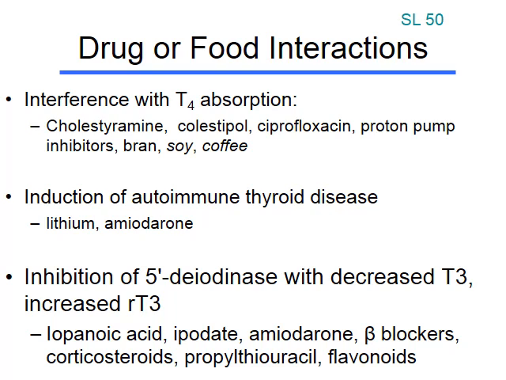Drugs capable of serving as 5' deiodinase blockers include ipodate, amiodarone, non-selective beta blockers such as propranolol, and certain corticosteroids. Propylthiouracil has an ability to block 5' deiodinase, as well as certain flavonoids. Okay, so several types of drugs can block 5' deiodinase and precipitate hypothyroidism.